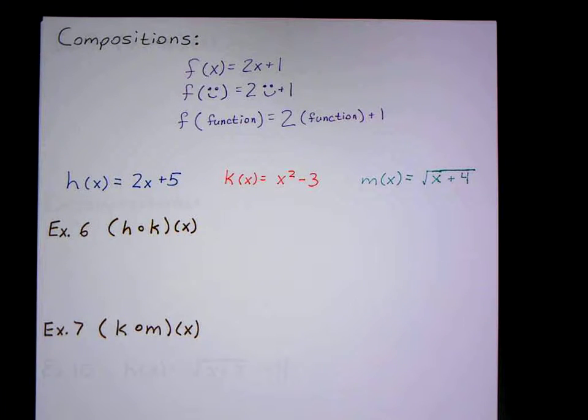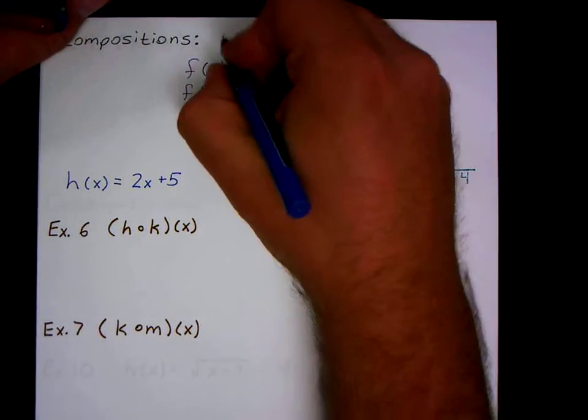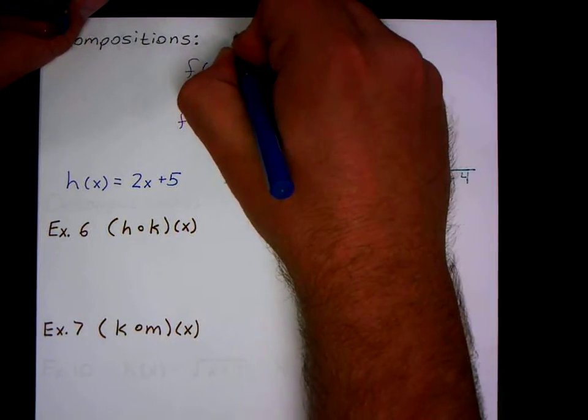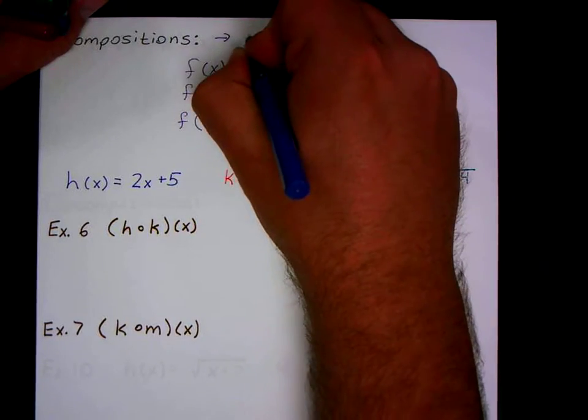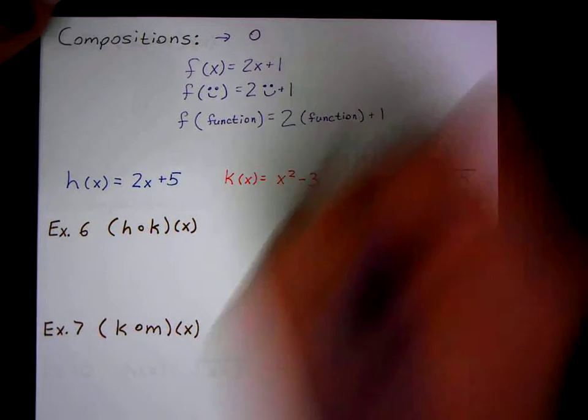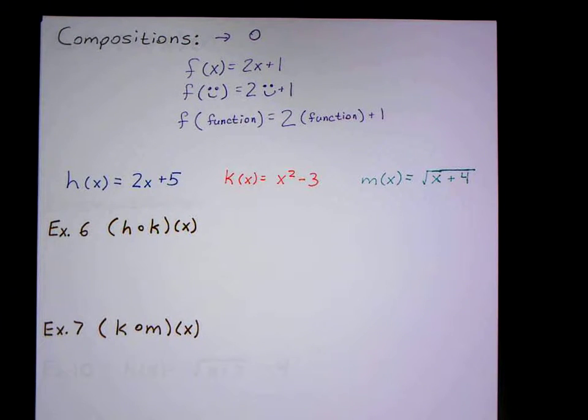It's not multiplication. Now, the way we write this, the way we represent it, is with an open circle. A dot means multiplication, an open circle means composition.